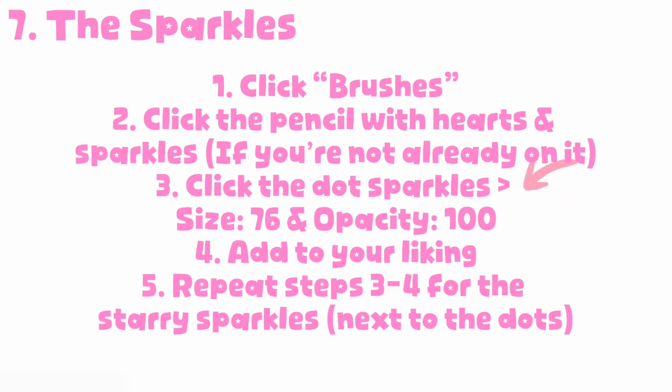And there, you want to make the size 76 and the opacity 100. Then you just add the sparkles to your liking, and if you don't like this one, you can choose the more starry ones, which are right next to these dot sparkles, and you just repeat the steps, size 76, opacity 100, and add it to your liking.